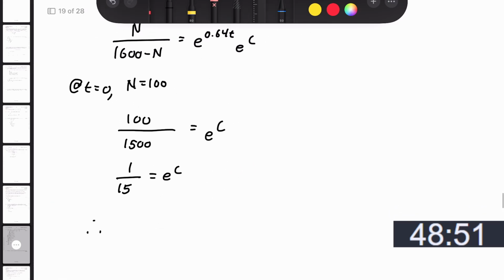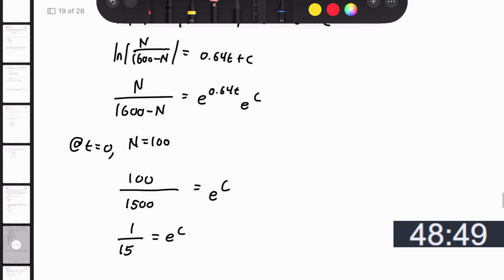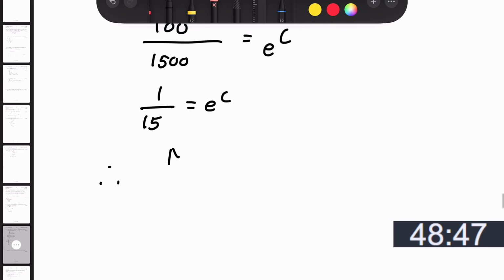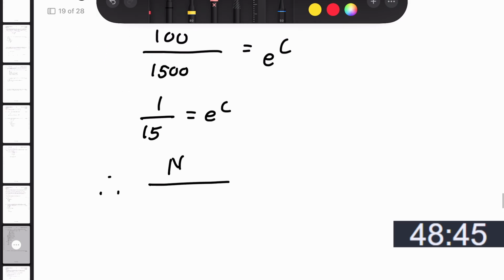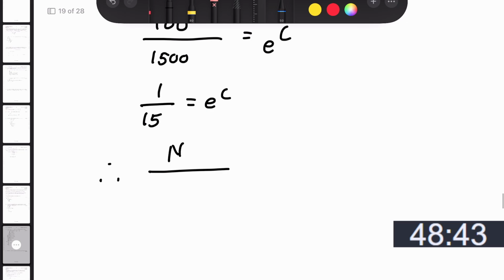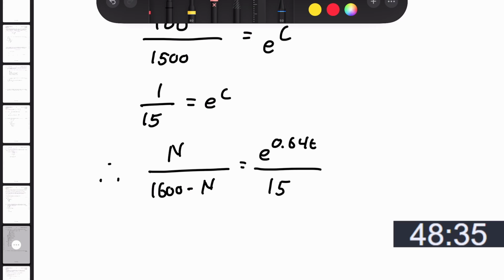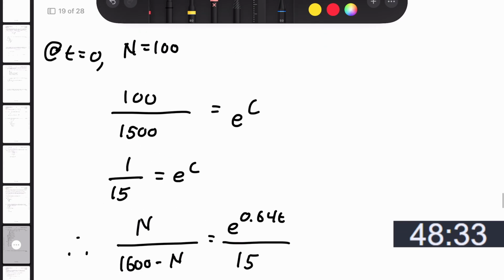Therefore, n on 1600 minus n is going to equal e to the 0.64t on 15. I could solve for c, which would just be ln of 1 on 15.